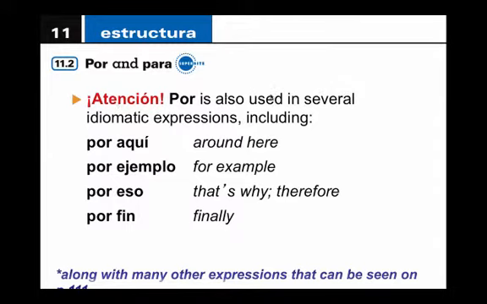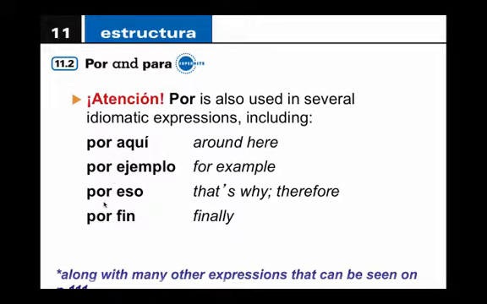Atención! Por is also used in several idiomatic expressions. Your textbook on page 111 shows you a few of these. For example, por aquí, just like around here. ¿Dónde está tu amigo? Mi amigo está por aquí. ¿Dónde vives? Vivo por aquí. Okay, por ejemplo. So just like we use for example, I can always say por ejemplo.